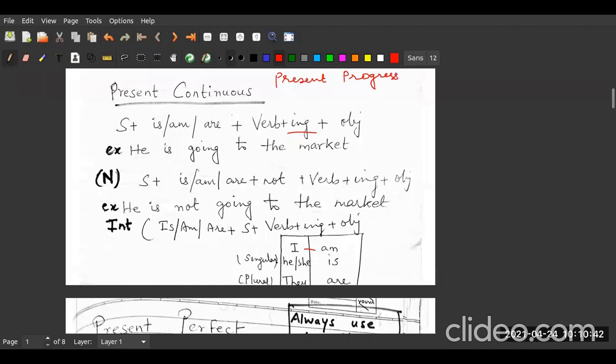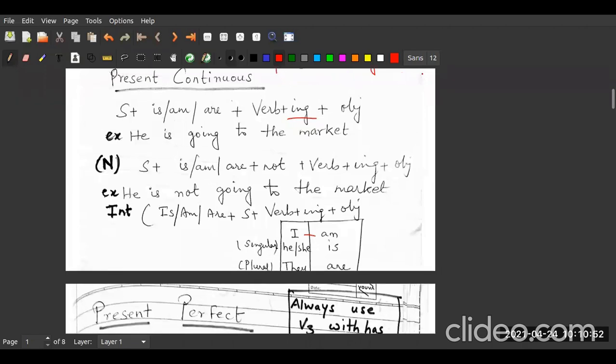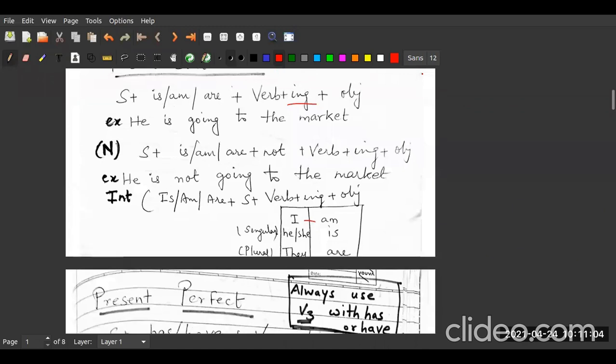So here, he is going to the market is our present continuous tense. Is, am, are plus ing. Continuous means ing. Then making the negative is very easy.